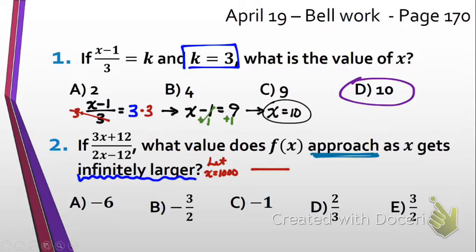If I put 1,000 in the place of the x. 3,000 what? X. Not 3,000x. We're taking 1,000 and making it take the place of the x. 3,012. Because I would take the 3, multiply it by the 1,000, and then add 12 to it. So 3,012 would be my numerator.